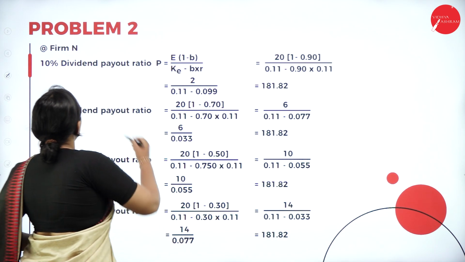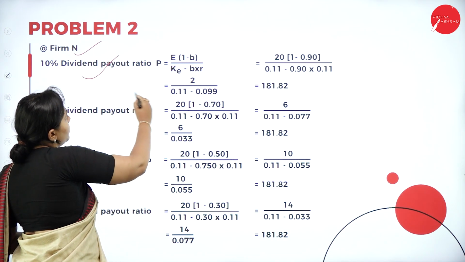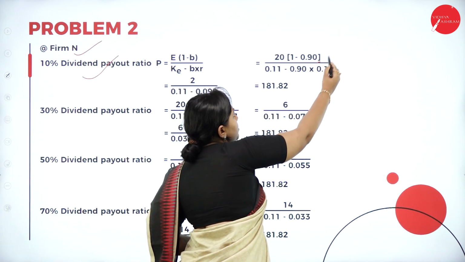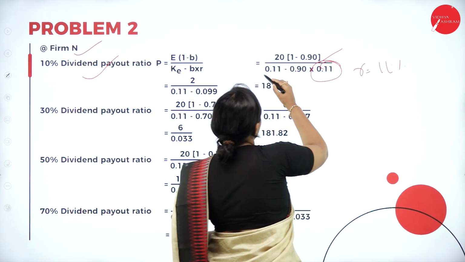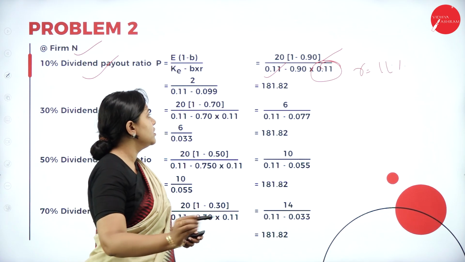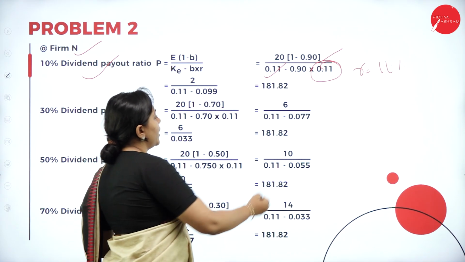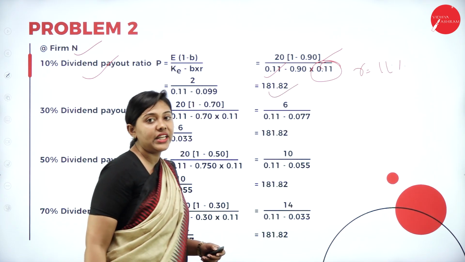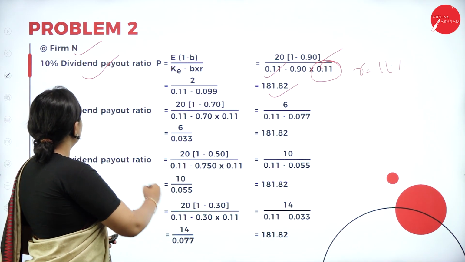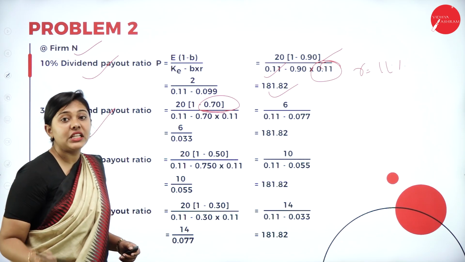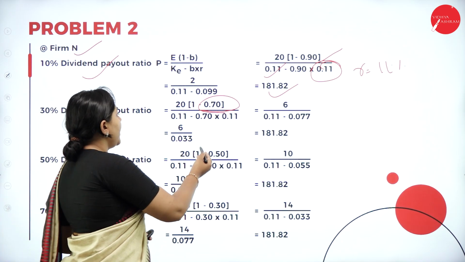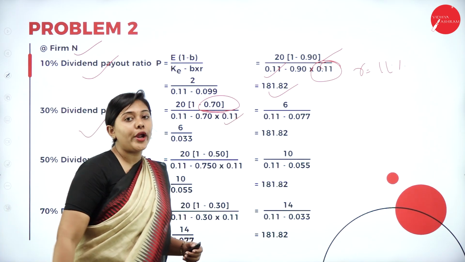So firm N, 10% dividend payout ratio, 90% will be the retention ratio, and the R is 11% with the same equity capitalization rate. The answer you get is 181.82.